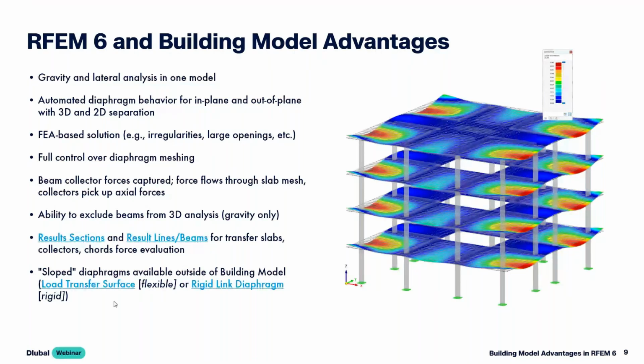In the base program, we have a surface stiffness type called load transfer surface only. Basically, this could be used as a flexible slope diaphragm if you wanted. But we also have a rigid link diaphragm directly in this base program for something like a rigid slope diaphragm. Again, these are hyperlinks to discuss a little bit more about those options.